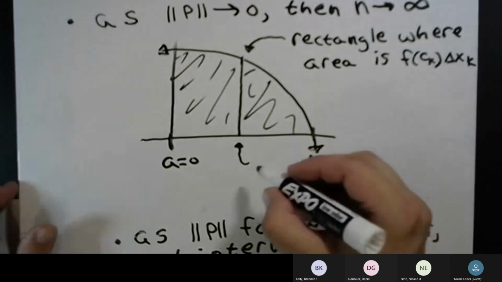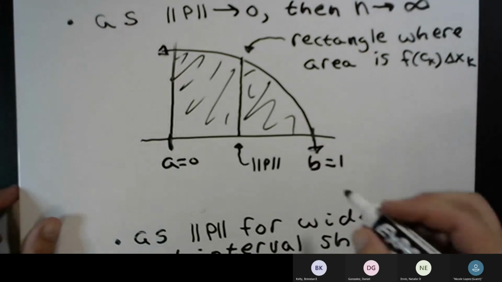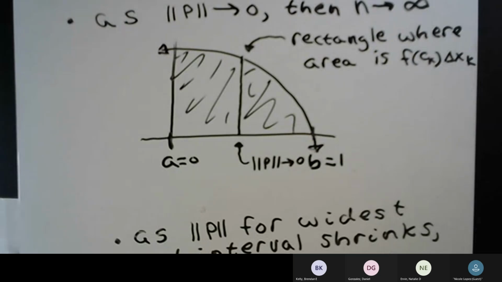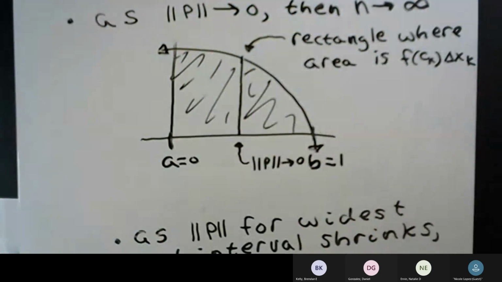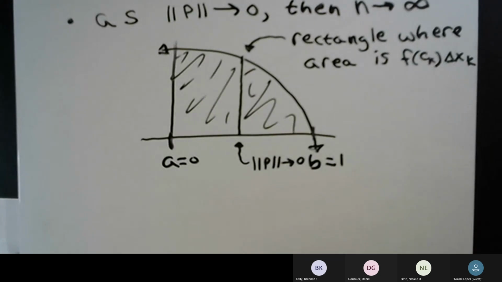Let's say this is our biggest interval with the width going to 0. These are going to get smaller and smaller until we can pack them in underneath this curve, and that gives us the area when we add up all these little rectangles.